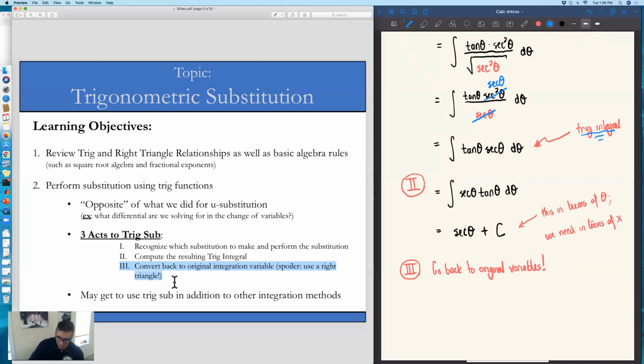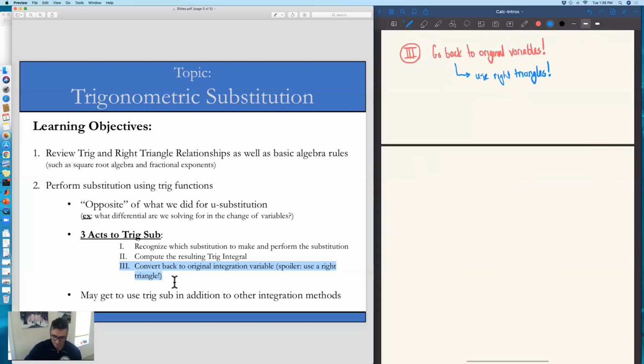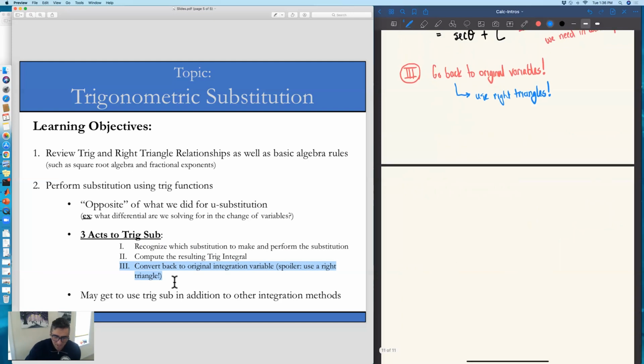And this is where we get to use our knowledge of right triangles. So some bits for us to remember. If we remember all the way at the beginning, the substitution that we made was we let x equal tangent of theta.